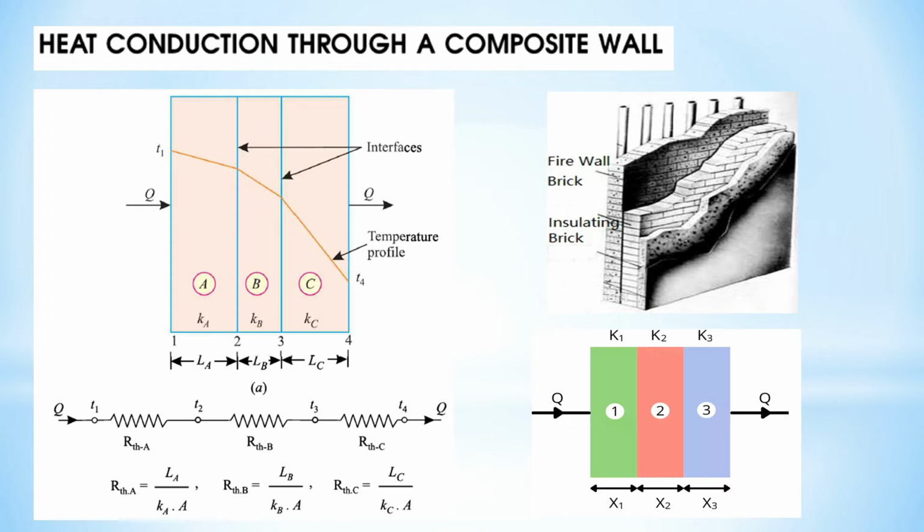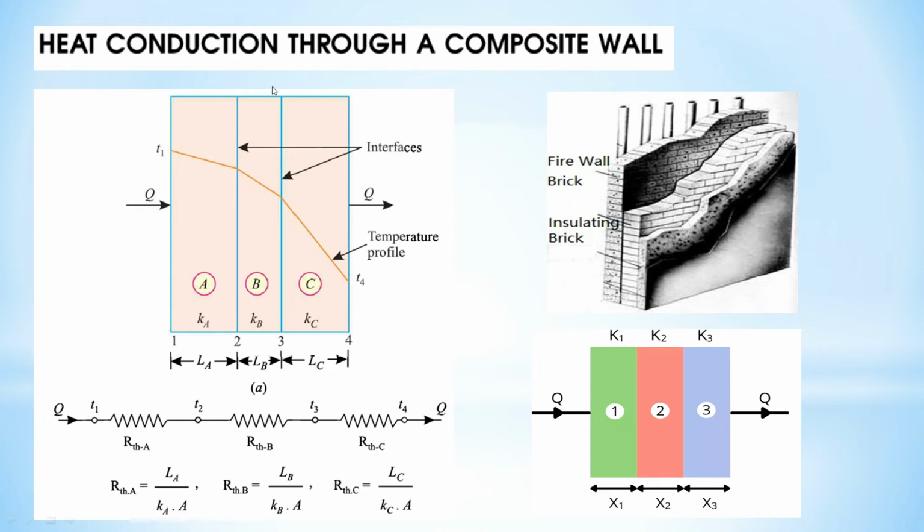So these are examples of a composite wall. Here you can see that these are different materials, so there is a different resistance for each individual layer of the wall.